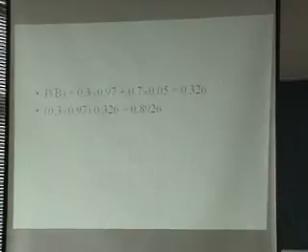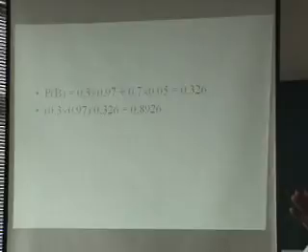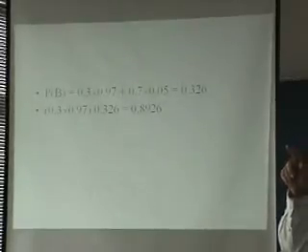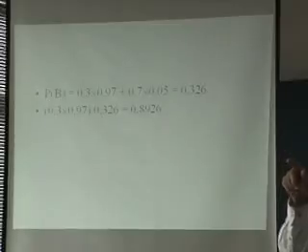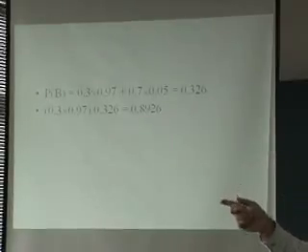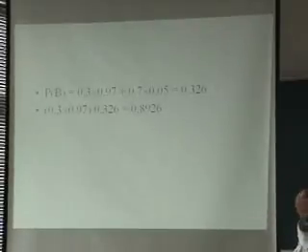So 0.3 times 0.97, he carries something and the bell rings. The second one, 0.7 times 0.05, he doesn't carry anything but the bell rings. So the whole probability is 0.326. This is the probability the bell will ring.